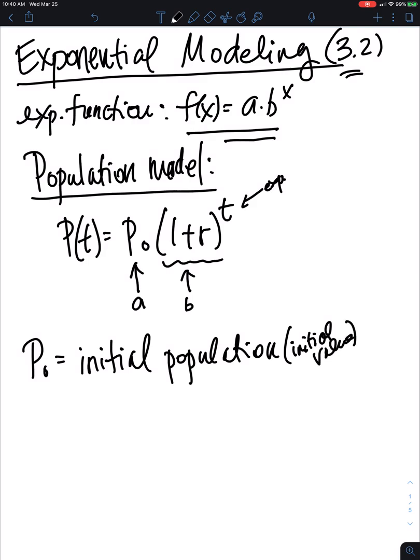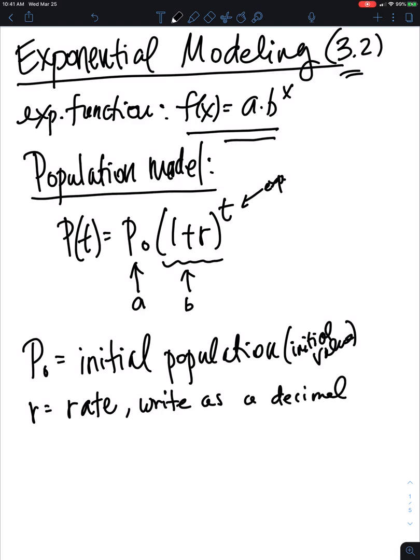Remember that from using it before. Then your r is your rate. It's usually your rate of growth, your rate of decay. And they always give you a rate in percentage, but you always want to write it in the equation as a decimal.